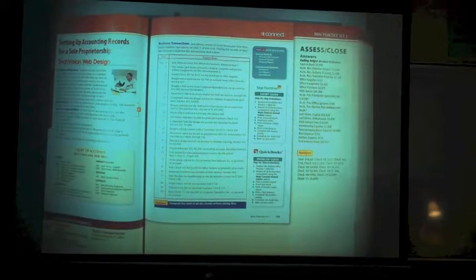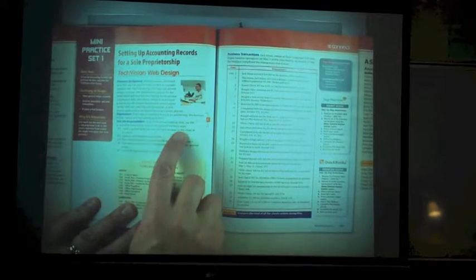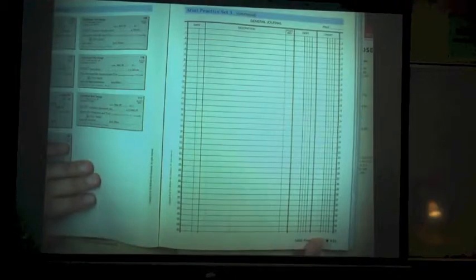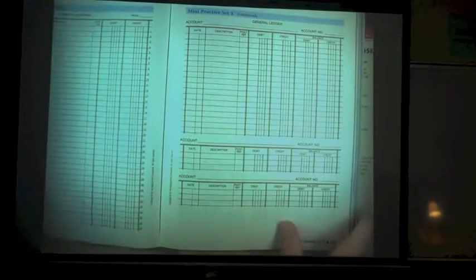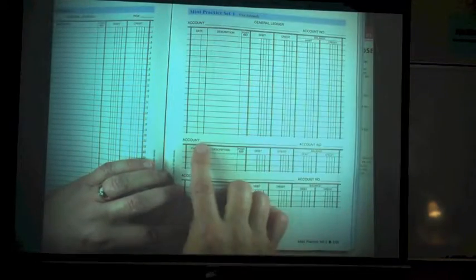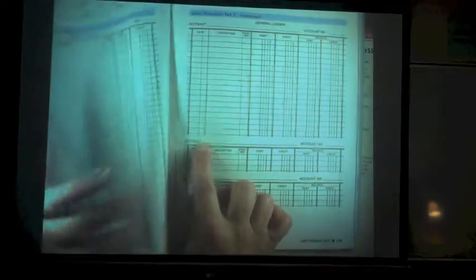The first instruction that they say over here is to open general ledger accounts for each of the accounts in the chart of accounts. That means you're going to skip over page 133 for now, and you're going to start on page 135 writing cash and the account number, and then the accounts receivable. Let me see here.